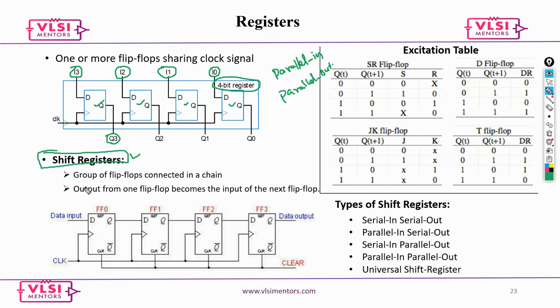Now shift registers, meaning what? It's basically a group of flops connected in a chain fashion, where the output from one flip-flop becomes the input to the next flip-flop. Now if you look at this, what kind of shift register is it?